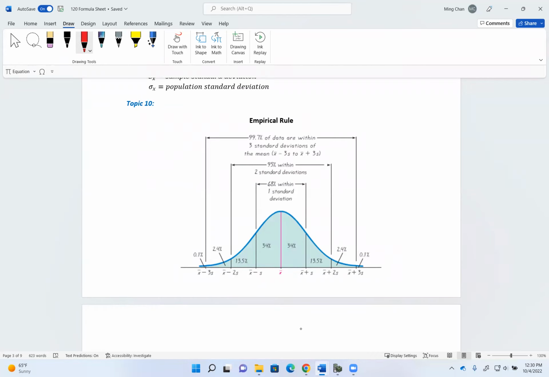I'm looking at 2.38, so that's even smaller. To the right side of 3 standard deviations is only 0.1%. 0.1% is literally 0.001, because you have to move the decimal to the left 2 places. So that's very small.